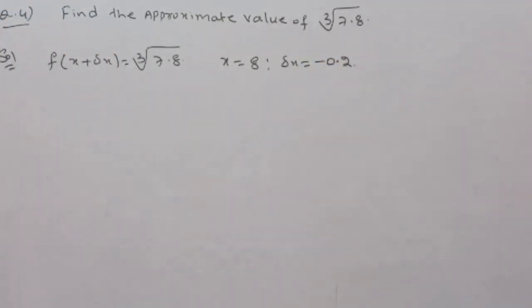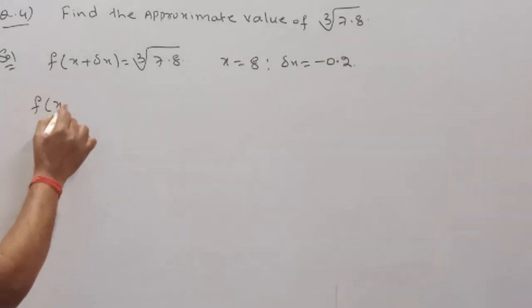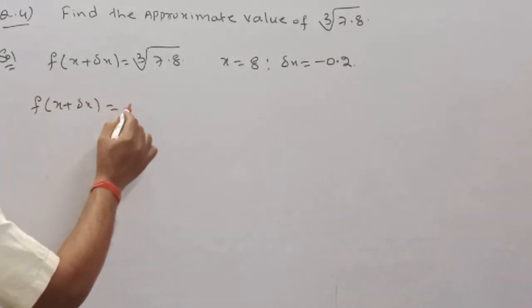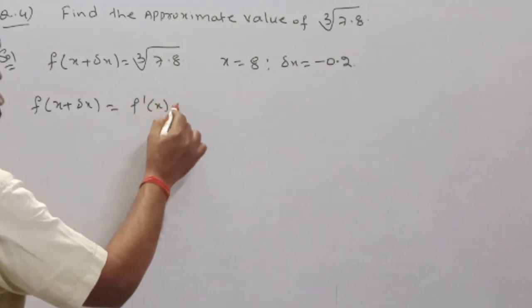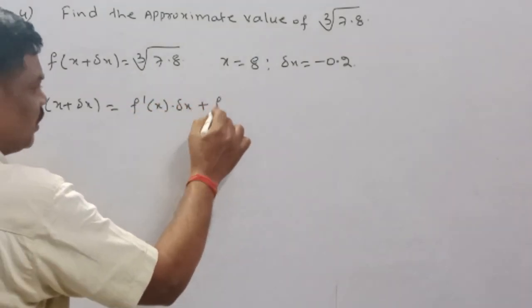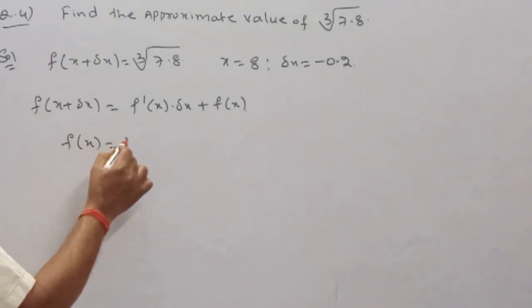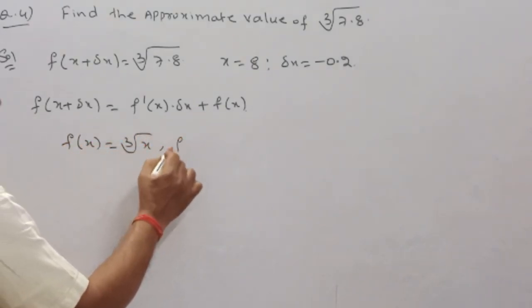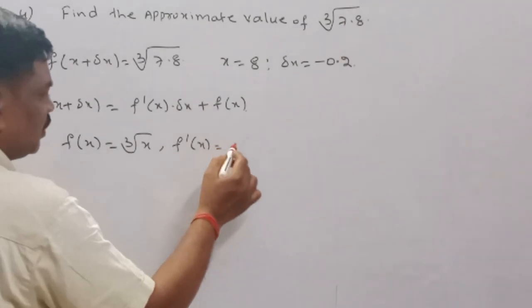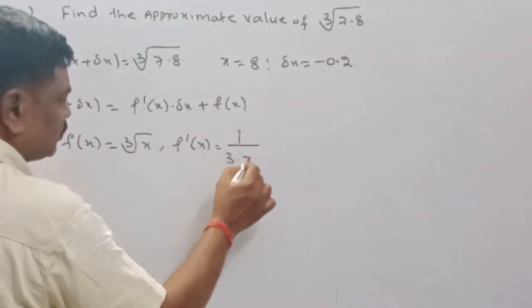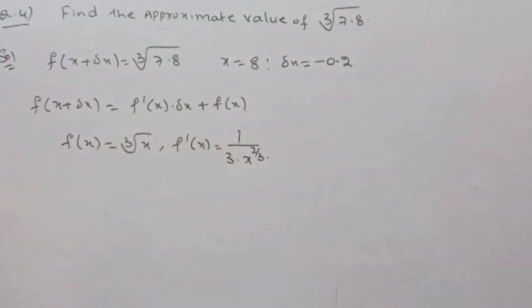Then f of x plus delta x is equal to f dash of x into delta x plus f of x. Here f of x is equal to cube root x and f dash of x is equal to 1 by 3 into x power minus 2 by 3.